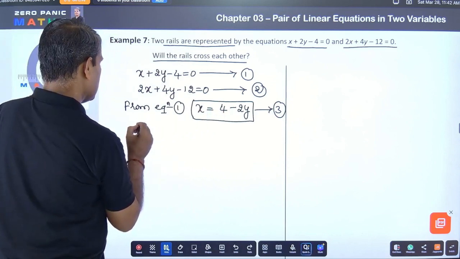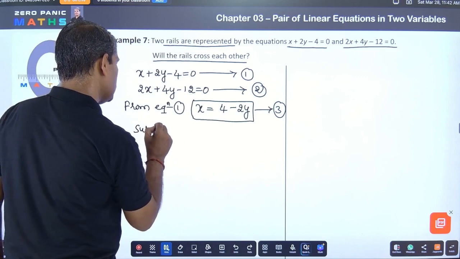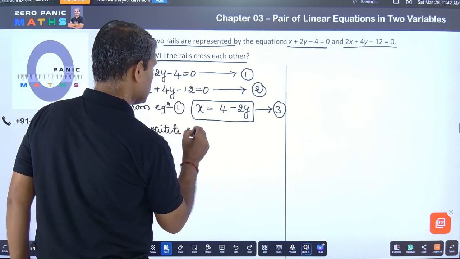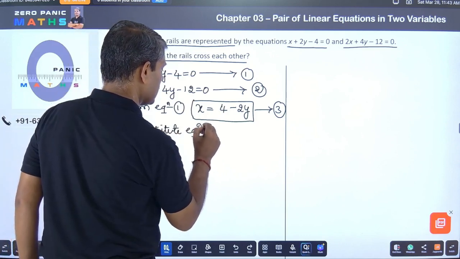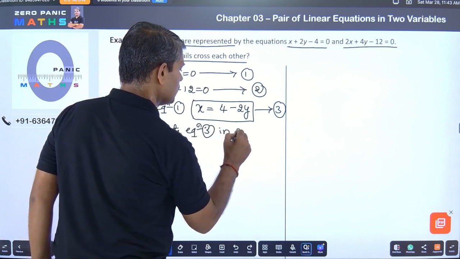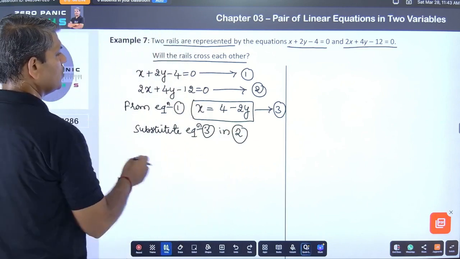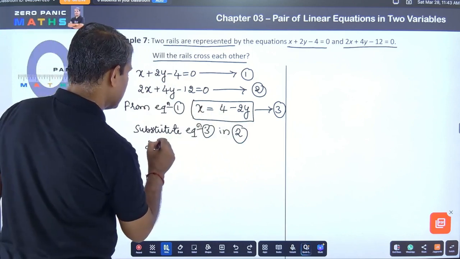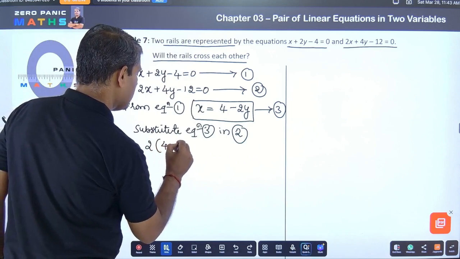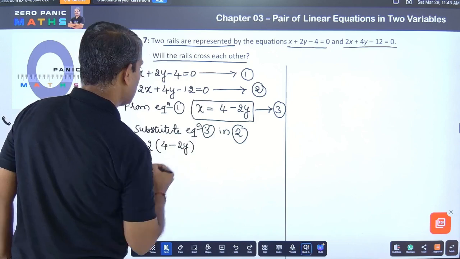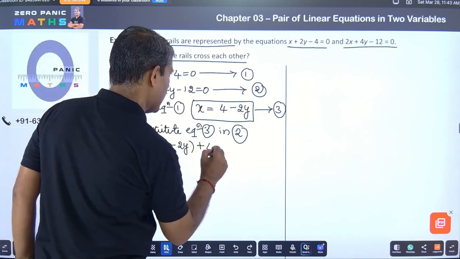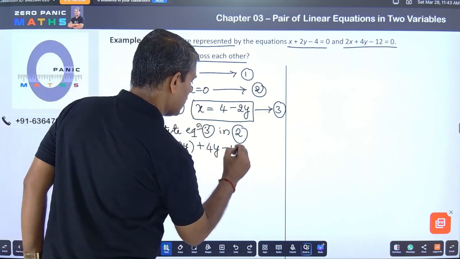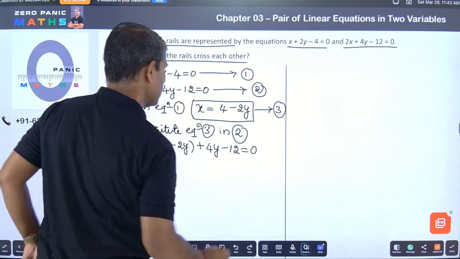Substitute equation 3 in equation 2. 2 into x. What is x? x is 4 minus 2y, plus 4y minus 12 is equal to 0.